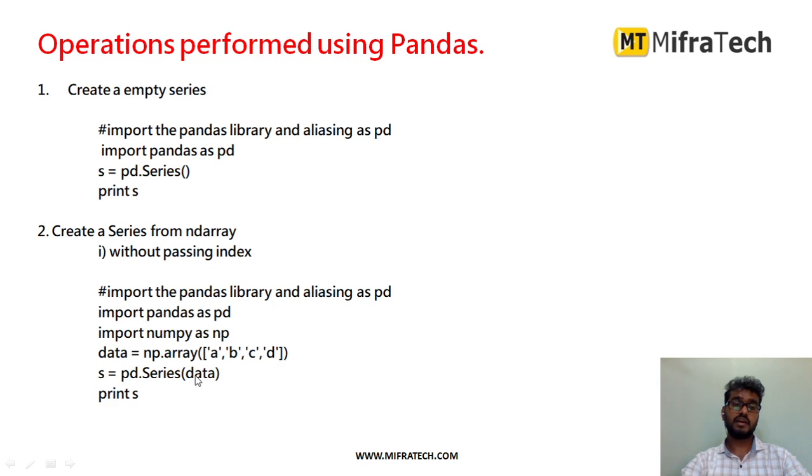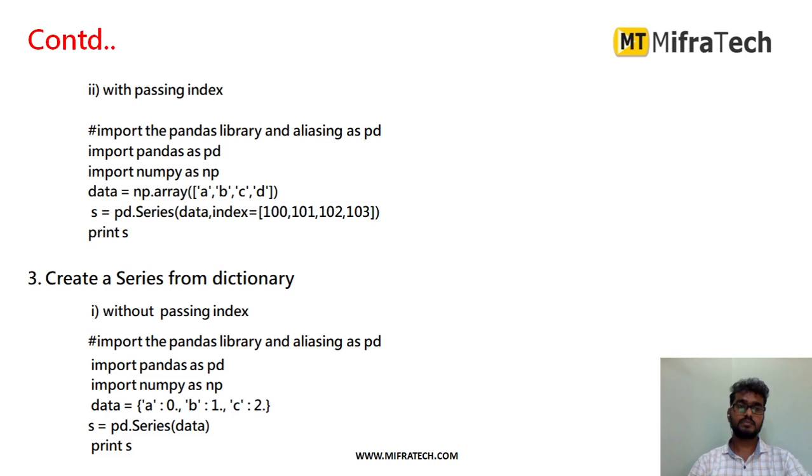After creating the array, we create a series from it using the Pandas library. pd.Series of that array value, if we provide it inside the brackets, will create a series from this n-dimensional array. If we print it, it will give a series A B C D in a one-dimensional way, how I showed you how a series will look like. That is the output we get using this command.